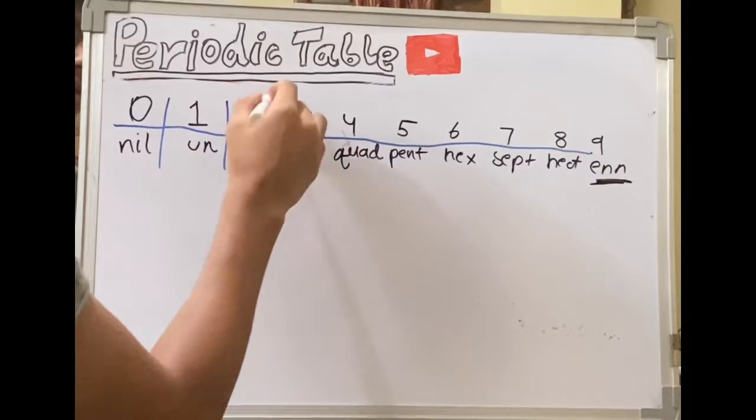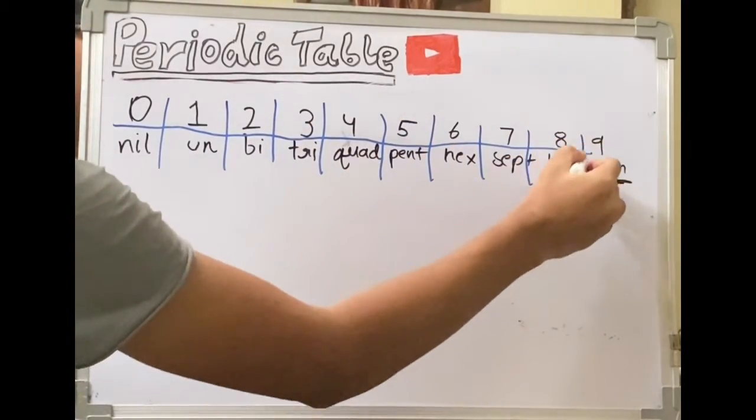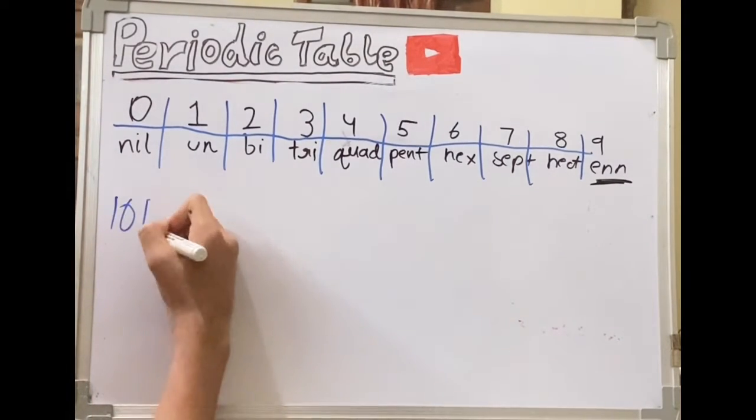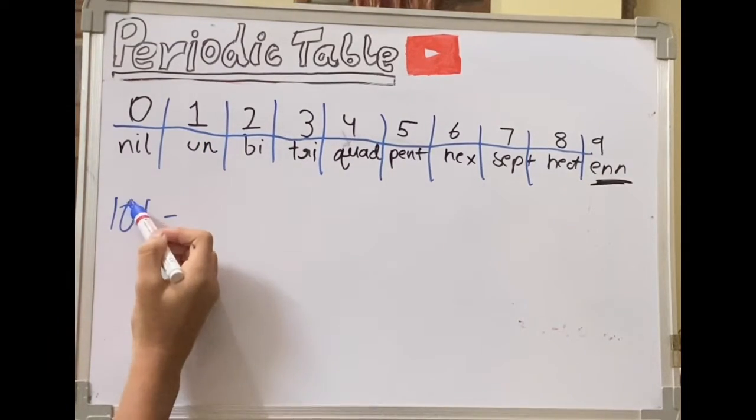For example, if you have got the number 101, let's start with this. Firstly, we'll write the corresponding prefix.